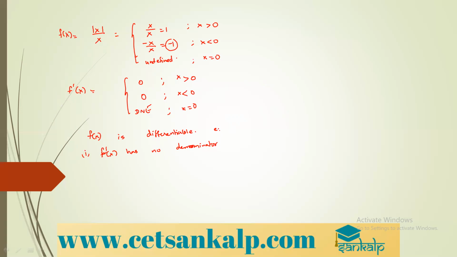It is differentiable everywhere. That means if the derivative has denominator x minus a, then when x minus a is 0, that is when x equal to a, the function is not differentiable.